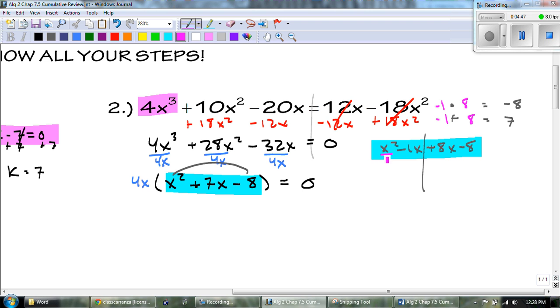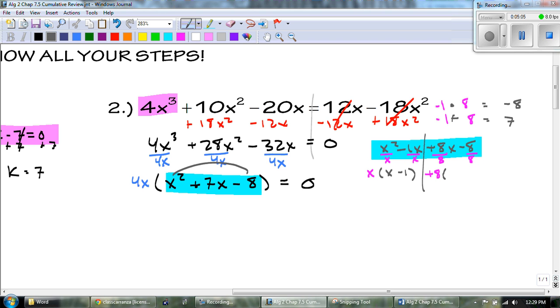So my GCF of the first group is an x. The x comes out front, and we're left with x minus 1. The GCF of the back is a positive 8.